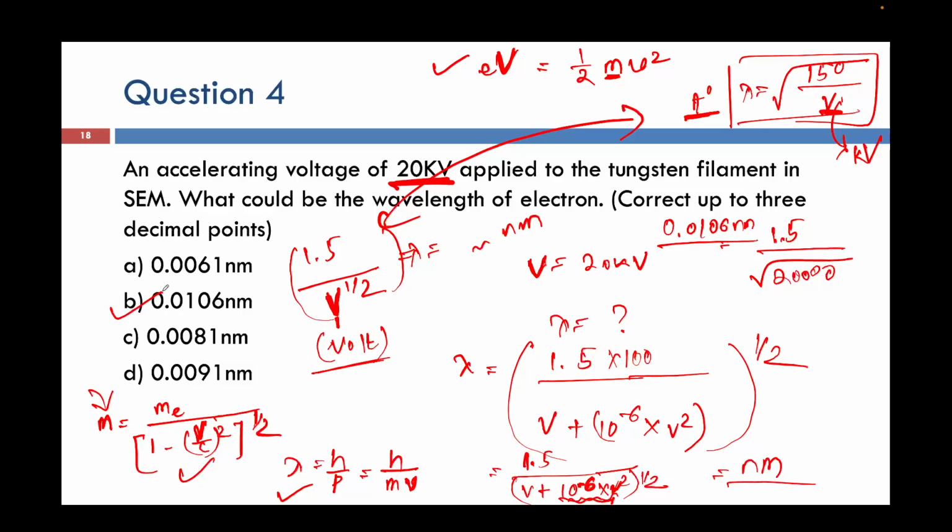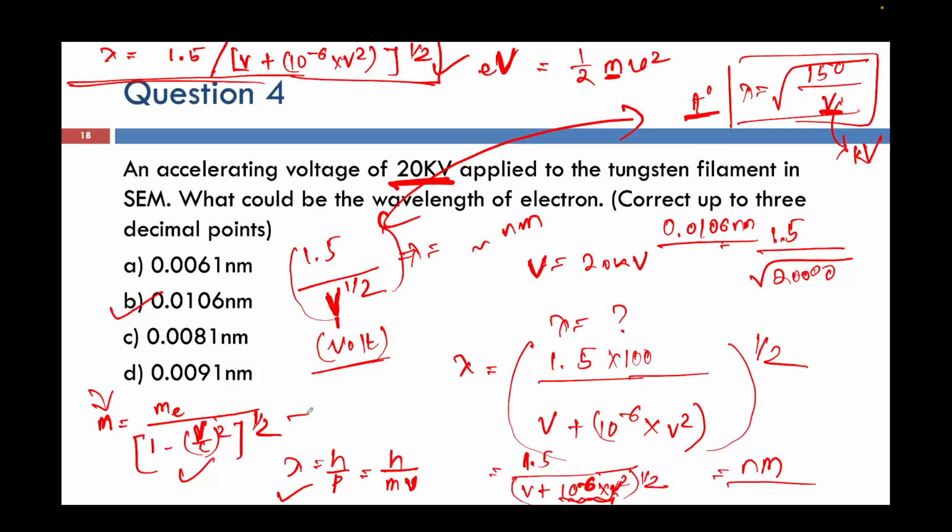Okay, so this is the formula I am writing here. Lambda is equal to 1.5 divided by v plus 10 to the power minus 6 into v square, entire to the power 1 by 2. This is your actual formula considering the relativistic effect.